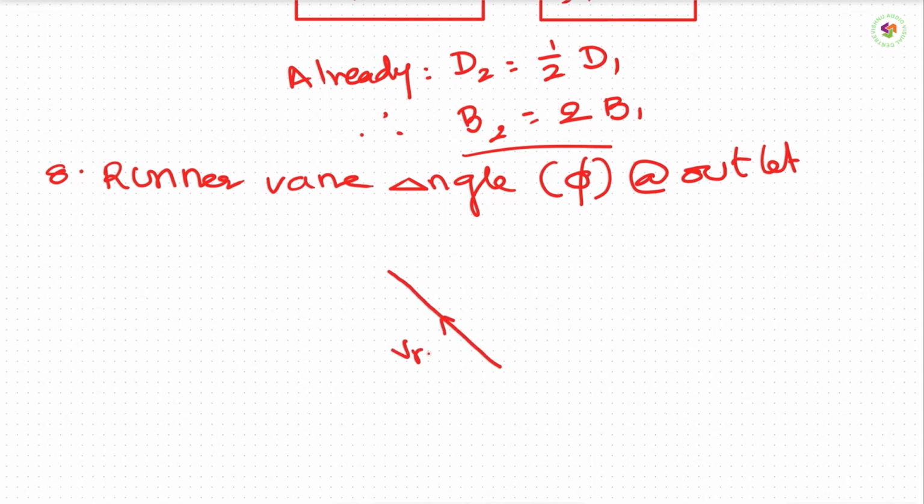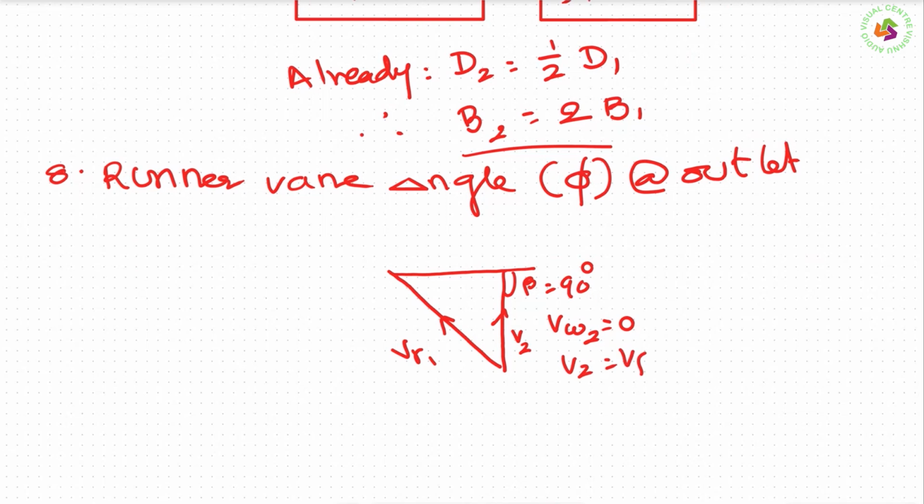This is Vr2, and for Francis turbine, beta is equal to 90 degrees, Vw2 is equal to 0, V2 is equal to Vf2, and this is U2. This angle is phi. This is the outlet velocity triangle.